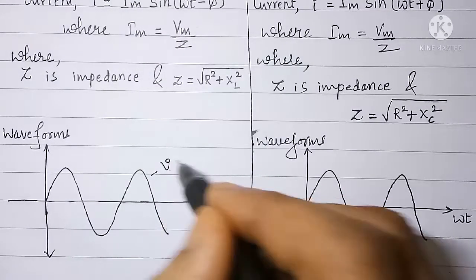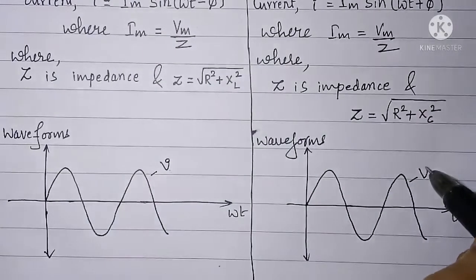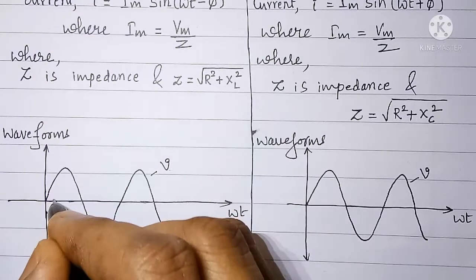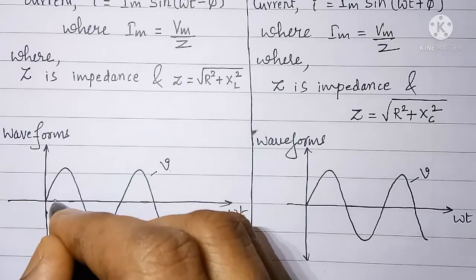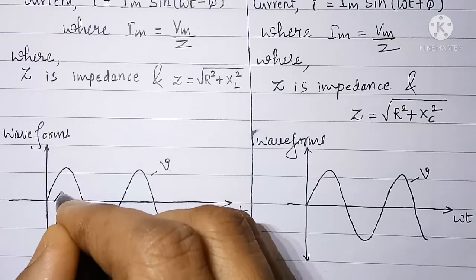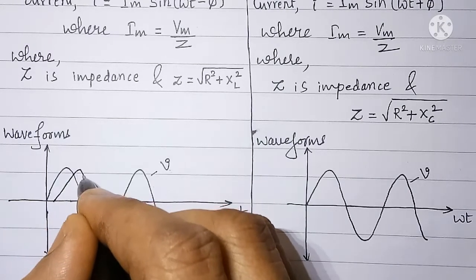So this is V here and this is also V. Current lags supply voltage by an angle less than 90 degrees.